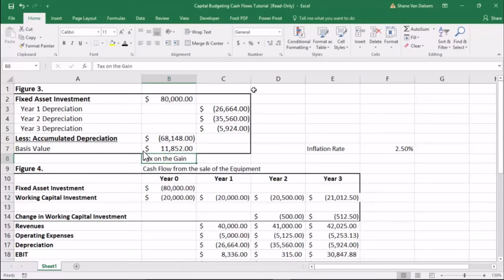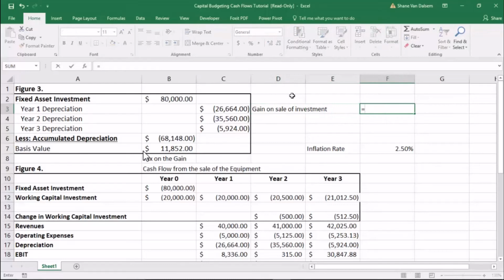So the gain on the sale of the investment is equal to what we sell it for, $23,000, minus the remaining basis value. So the gain on the sale of investment is $11,148.